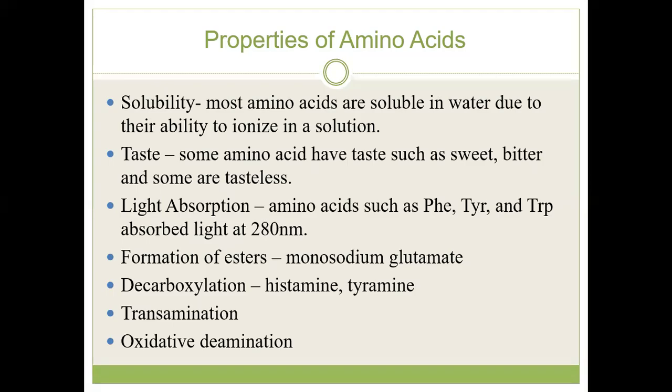While discussing metabolism, we'll definitely talk about some of this. Transamination is like taking away the amino group to another compound. Oxidative deamination involves the removal of the amino group, not transferring it to another molecule. So amino acids undergo all these reactions.